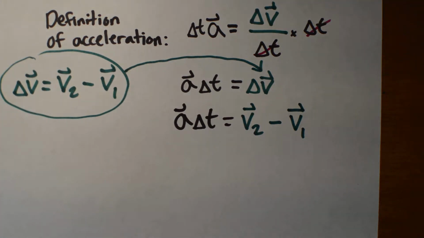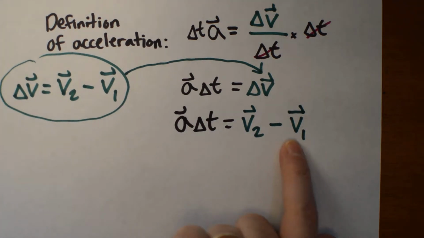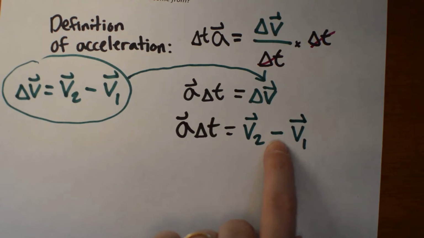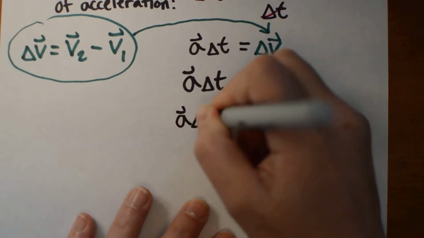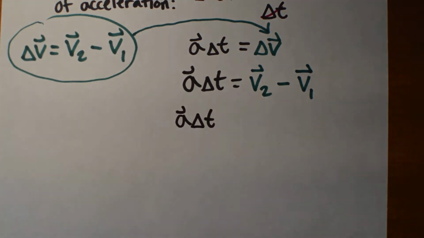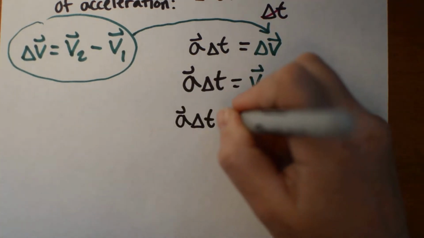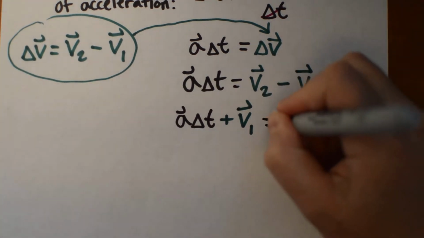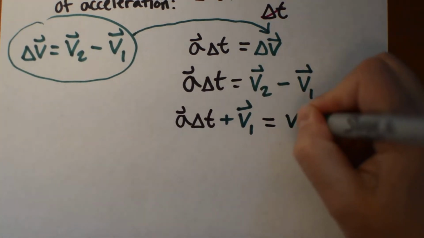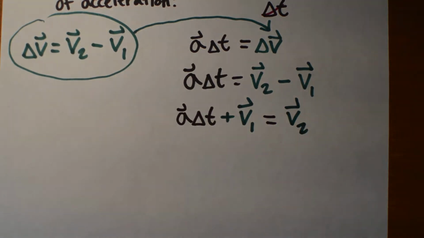The last step is just to clean things up. I want to get v1 on the other side. It's being subtracted here, so I'm going to add it to the other side. I get acceleration times time plus my v1 will give me my v2. And then my last step is just to write it forward so that it looks nice.